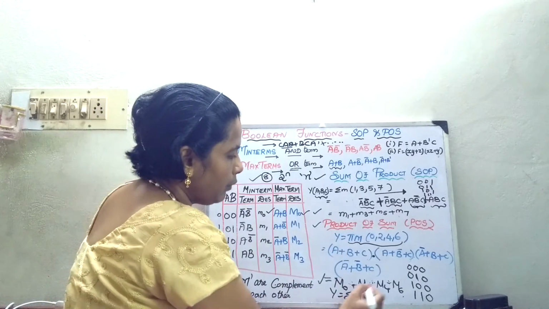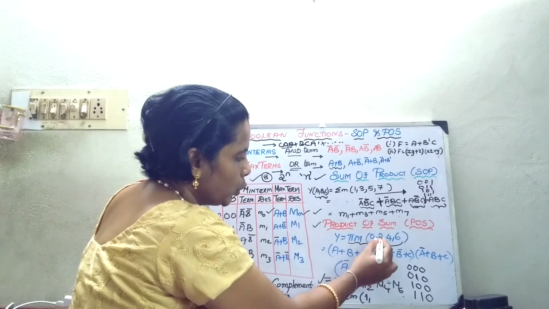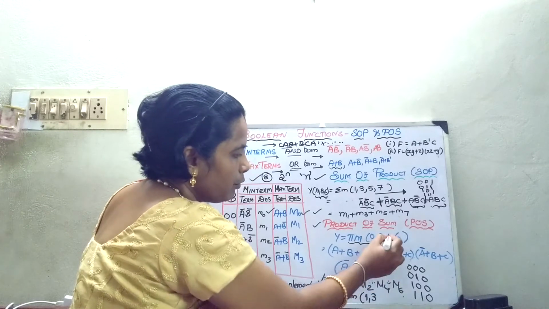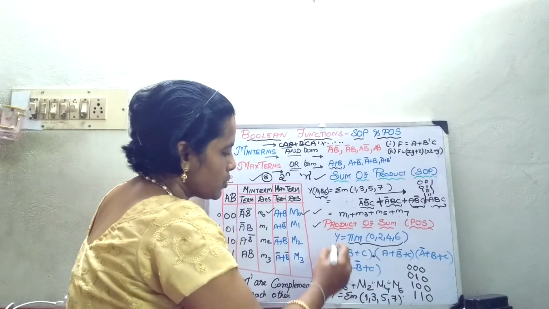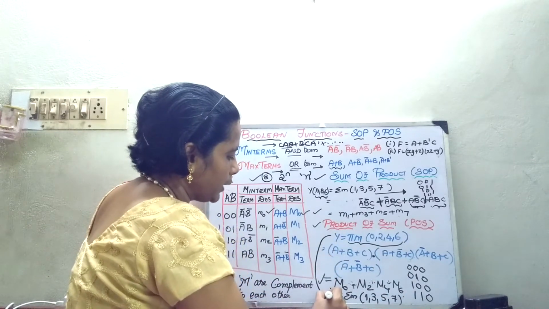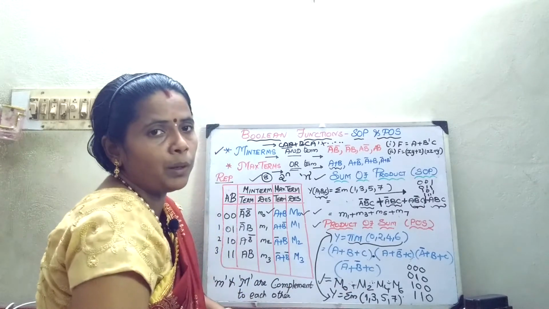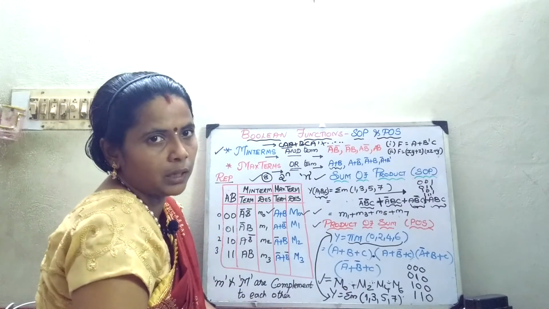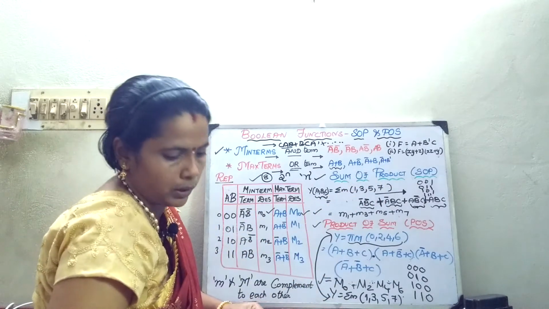So what will be the value? 0 is there, so 1, 2 is there, so 3, 4 is there, so 5 and 6 is there, so 7. So both the values product of sum and SOP are going to be complement with respect to each other. So now we will just take these 2 examples and see how it works.